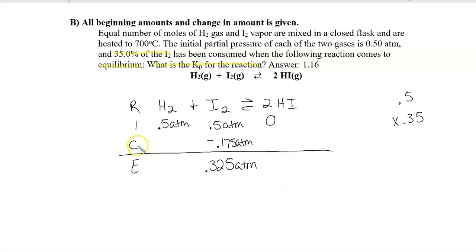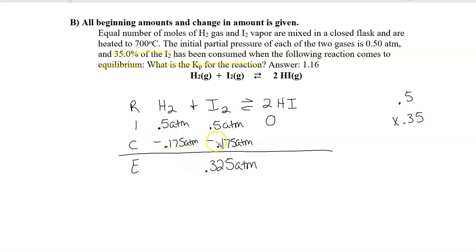Up a while ago we were talking about the C. C is where the coefficients matter. For every I2 that reacts, there's an equal amount of H2 that reacts. So if 0.175 of it reacted, it had to have reacted with 0.175 of the hydrogen because it's a 1-to-1 ratio. If this is a reactant and it was losing, this reactant also has to be losing.